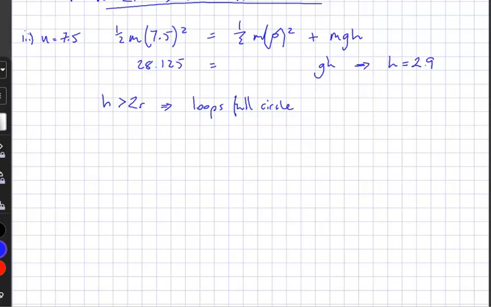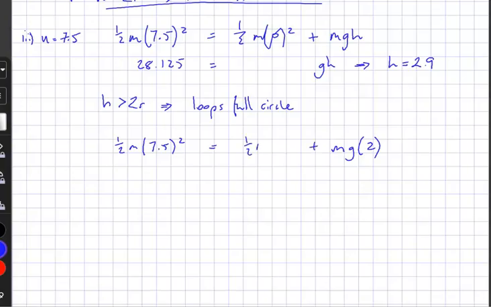It wouldn't necessarily work with the first two scenarios, but if we think it's doing the full turn, let's set ourselves up in the same way. Potential energy at the bottom is 0, not even going to write that in. Now, let's say what's going to happen if it had a height of 2r, i.e., is it possible that at that top point, 2 lots of the radius above the starting point, what's its velocity?